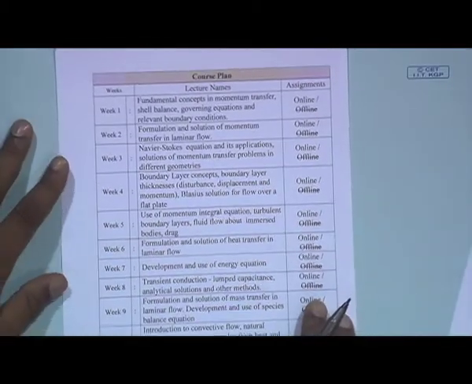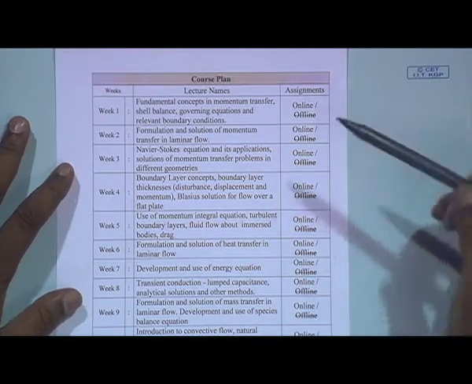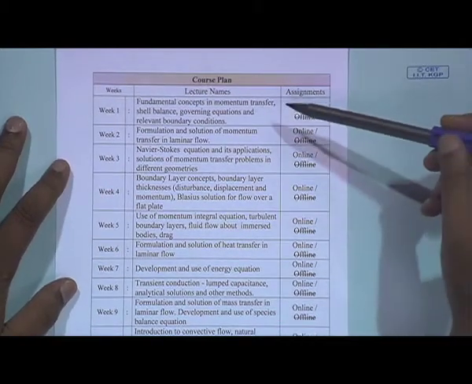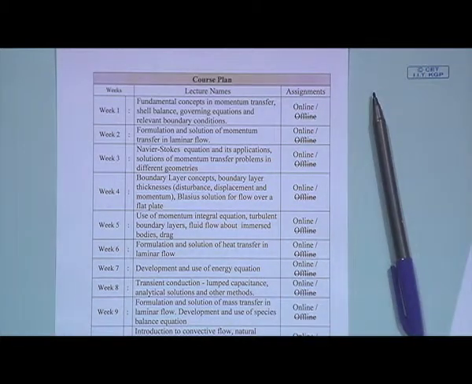So, if I look formally at the course plan, let us try to see what we could achieve in this course. First we started with the fundamental concepts of momentum transfer. I started with shell balance, and the shell balance is a unique and handy way to treat simple problems. You think of a shell and you make the momentum balance, which are the forces acting on it.